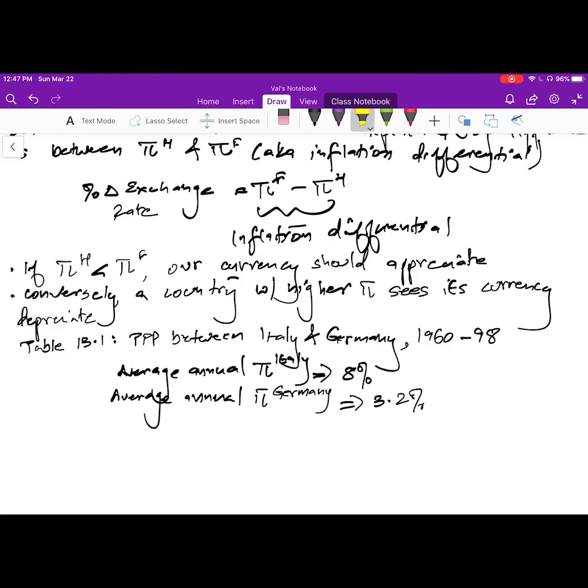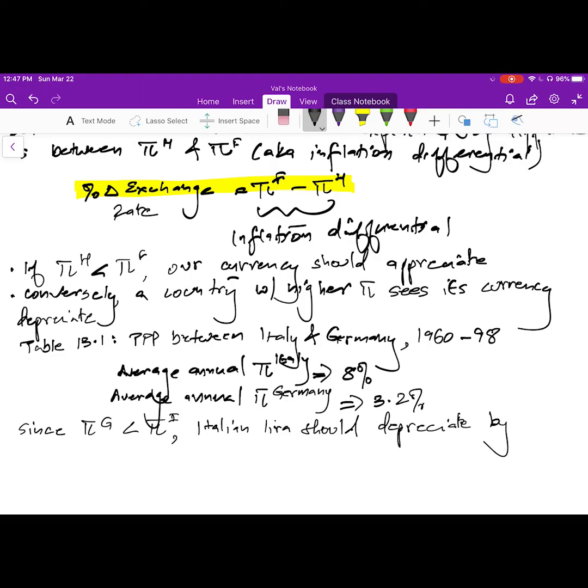Well, since inflation in Germany is lower than inflation in Italy, the Italian lira should depreciate by the difference, which is 4.8%.